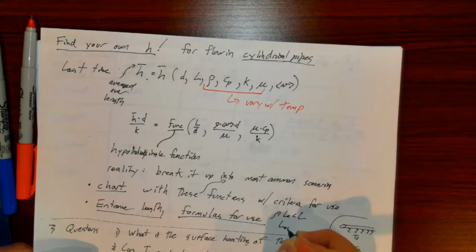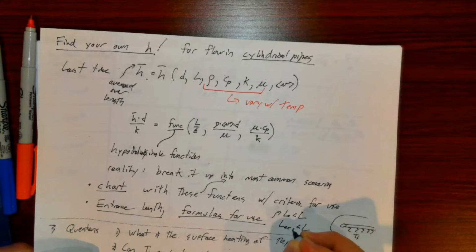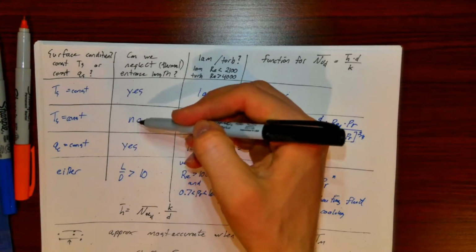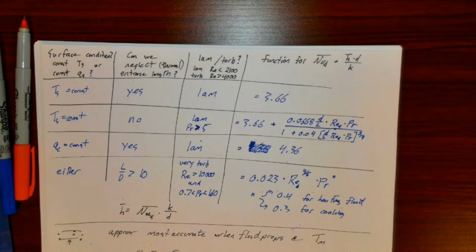Is my thermal entrance length less than the length of the pipe? And if both of these are true, then that informs using some of the simpler formulas in this chart.